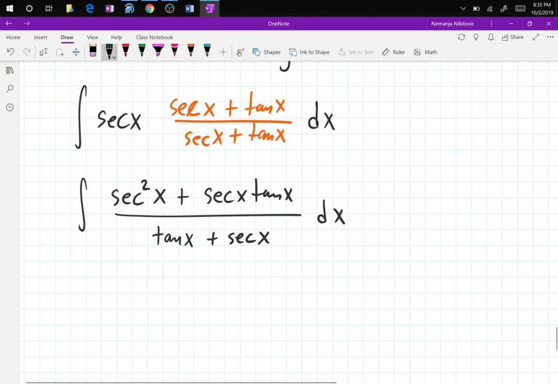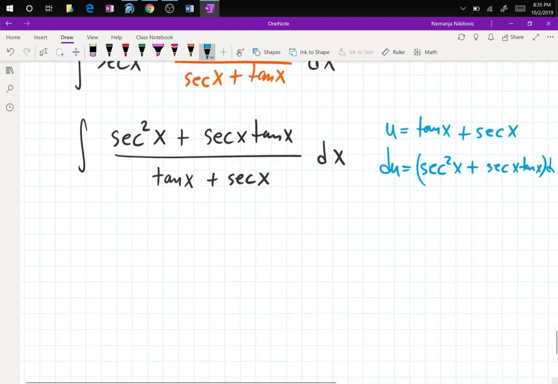Now, dare I say, it's obvious now that we use u substitution, right? Because if you set u equals tangent x plus secant x, you see that the du, the derivative of tangent, is the secant squared x, plus the derivative of secant is secant x tangent x, which is exactly what you have. So why is this function chosen?